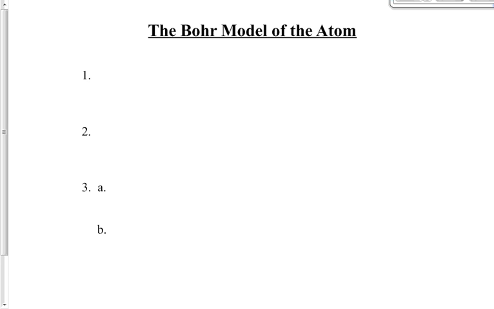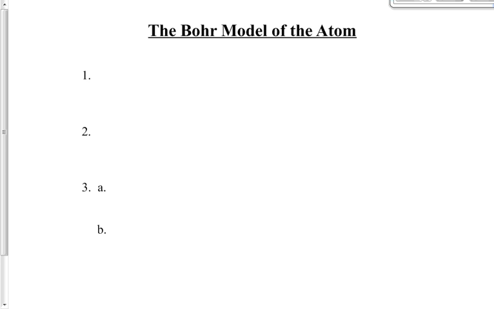This whole nucleus, positive, small, dense, empty space atom, electrons orbiting around it. But Niels Bohr says, I want to go a little bit further than that. I want to take it a step further. You don't just have electrons orbiting around the nucleus wherever they want. Okay? You don't just have electrons doing whatever they want around the nucleus.